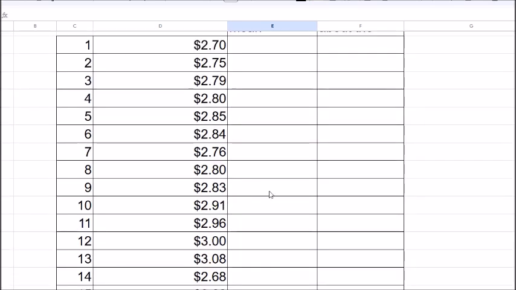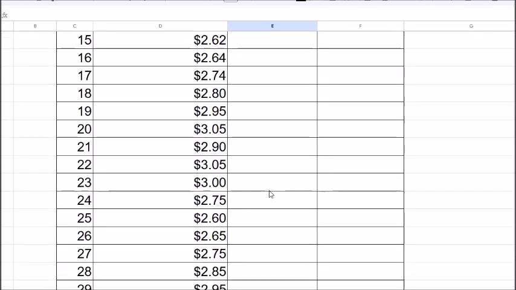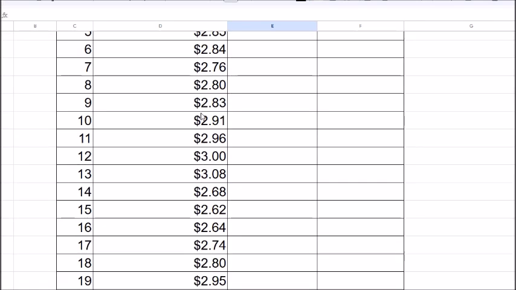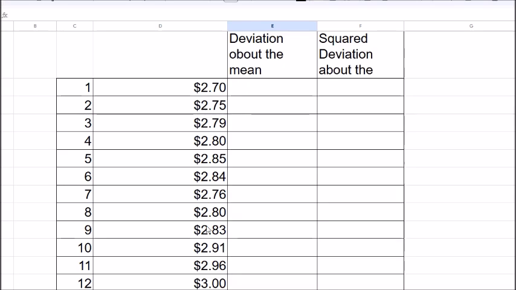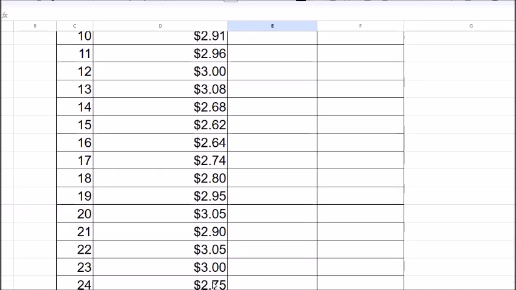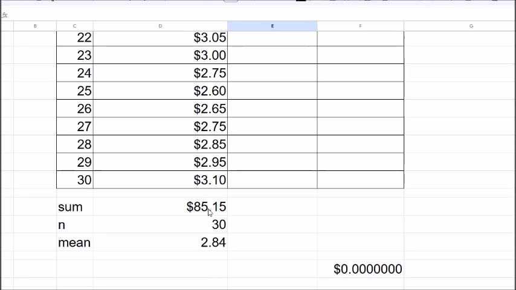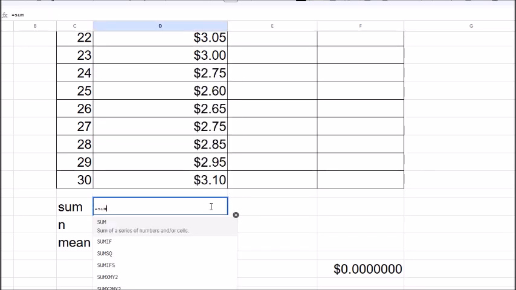To get the sample variance, the first thing we need to find is the sample mean. To get the sample mean, we just add these values together. If we want to use Google Sheets, it's just equal SUM, and then these values right here.